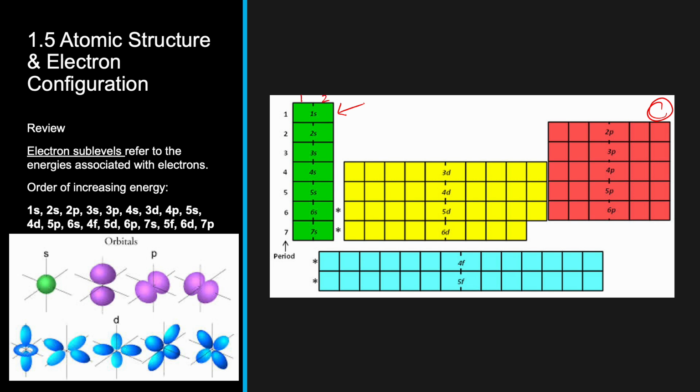The P sublevel can hold up to 6 electrons, and it is 6 elements wide. And the D sublevel can hold up to 10 electrons, and it is 10 elements wide.